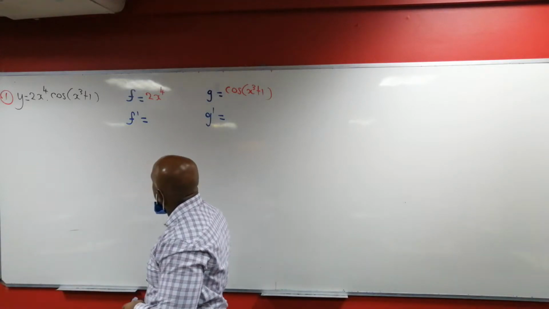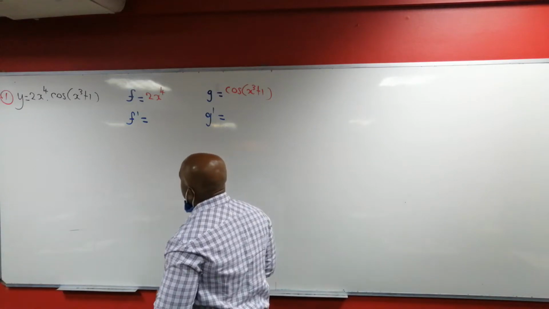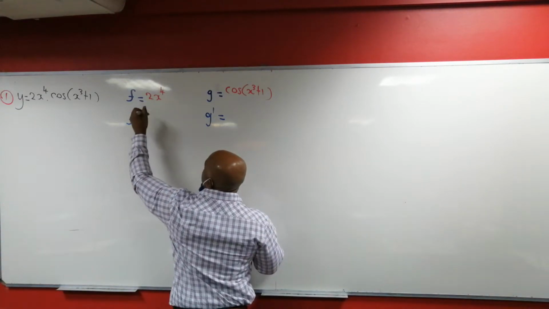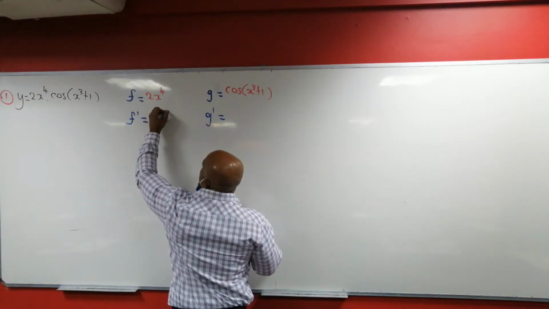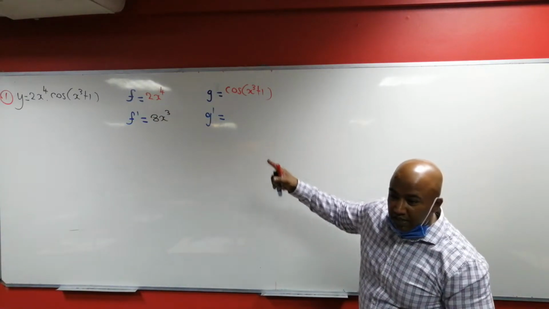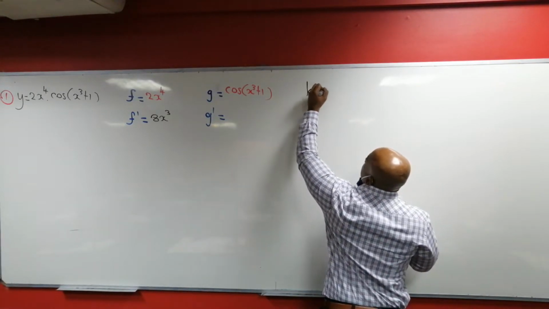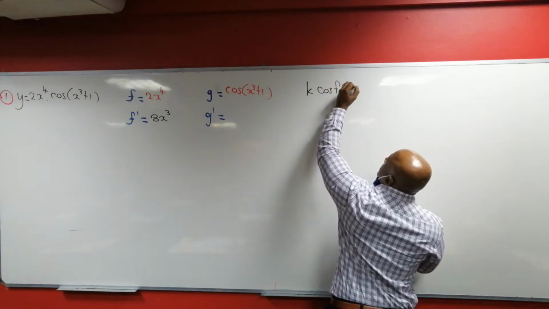Now, we differentiate them individually. So the derivative of 2x to the power 4, 2 times 4, that will be 8x to the power 3. And then the derivative of cos. Now, remember, you go to your table of derivatives, you got k cos f of x.